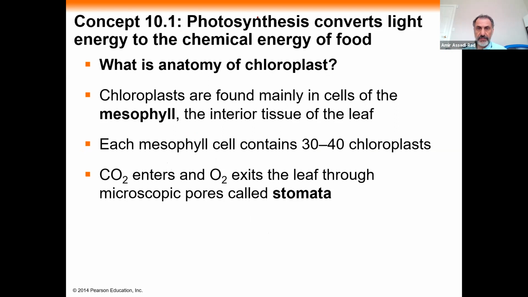This leaf, I keep losing it, is made up of, why are you seeing it green? That's another thing we will talk about. So there is the mesophyll, which is the middle layer of the leaf, and each mesophyll cell contains about 30 to 40 chloroplasts. Carbon dioxide enters and oxygen exits the leaf through microscopic pores called stomata.